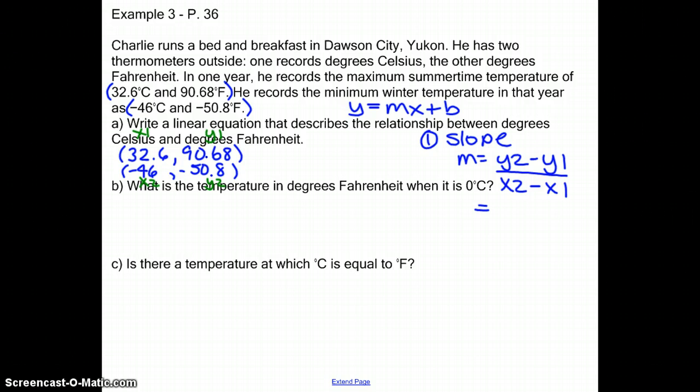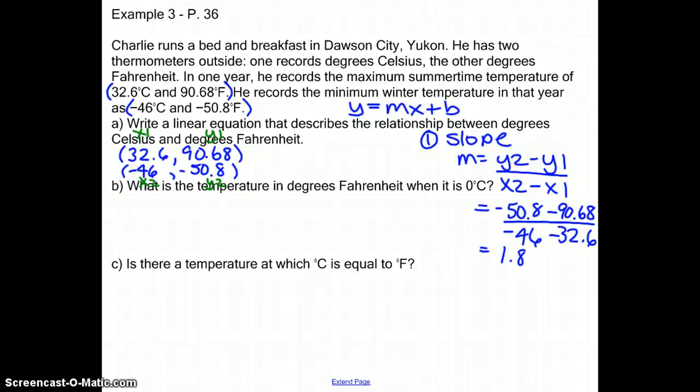So our y2 value is negative 50.8. Our y1 value is 90.68. Our x2 value is negative 46. And our x1 value is 32.6. So you can type that all into your calculator and you should come out with a slope of 1.8.